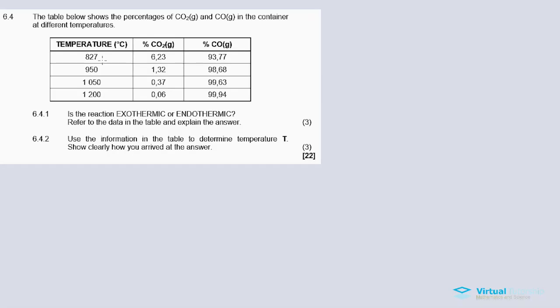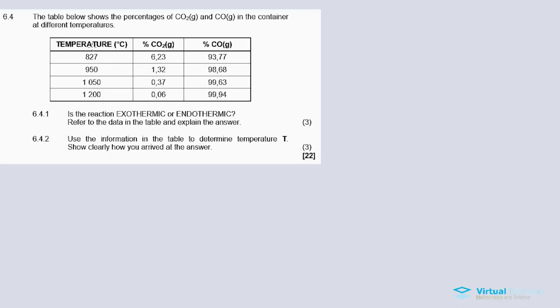Let me pull out the actual table. At 827, the percentage for carbon dioxide is 9 and for carbon monoxide 9. Then at 950, 1050 and 1200 we have the respective percentages.